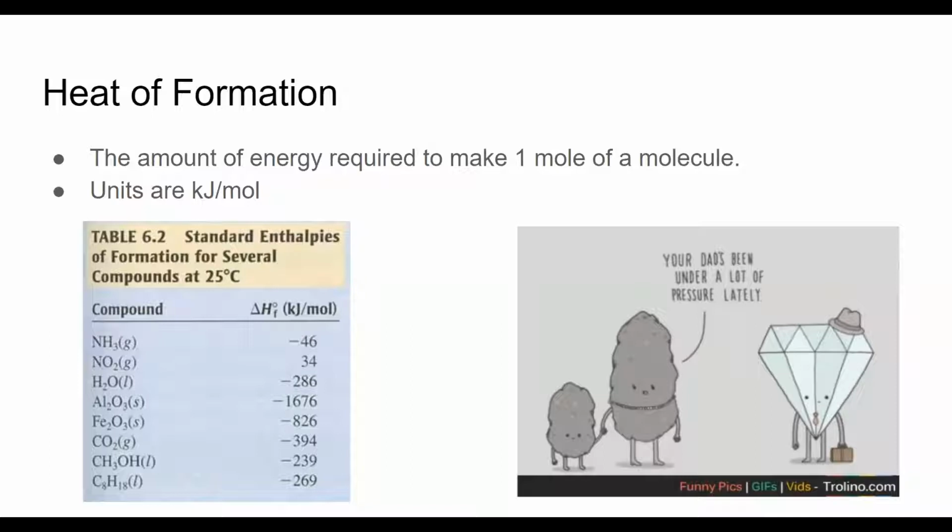So if you're going to change from carbon into diamond, it requires very high temperature and pressure. But that's something you all don't need to know about. Just know the definition that heat of formation is the amount of energy required to make 1 mole of a molecule. All right, so slide.